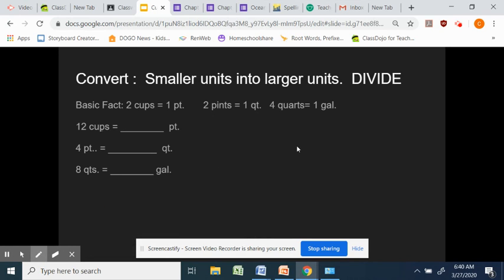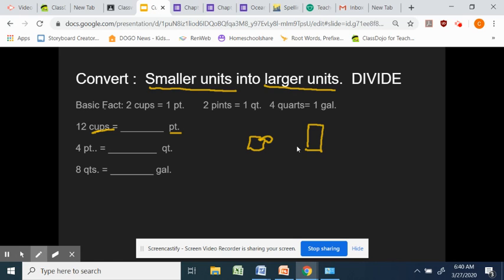If you see here, a cup is smaller than a pint, right? So my cup is smaller than a pint. So it's asking me to convert from a smaller unit of capacity into a larger unit of capacity. So I'm starting off with 12 cups.